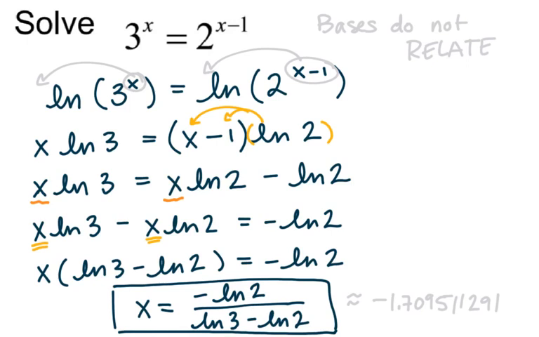One, because it's a rational exact solution, it would be possible for you to get natural log of 2 divided by natural log of 2 minus natural log of 3, which would be the exact same value, but we've negated both the numerator and the denominator, which keeps it the same sign.